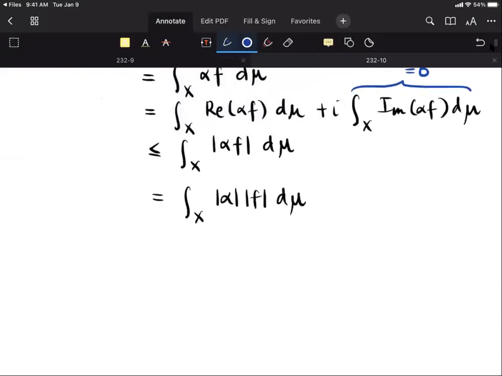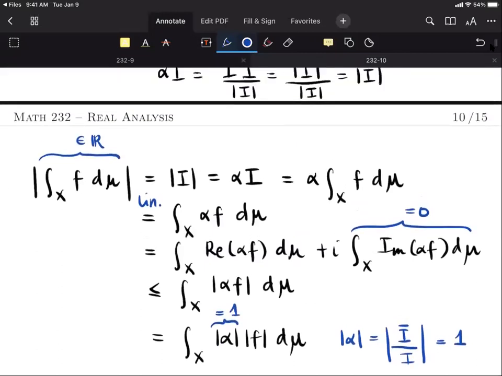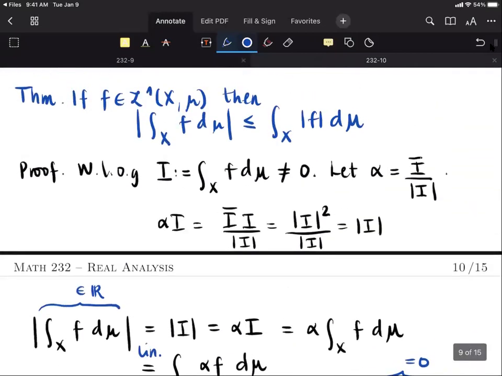And according to our definition, the magnitude of the conjugate is the same as the magnitude of that complex number. Therefore, the magnitude of alpha is 1. And this is now the desired inequality stated by the theorem.